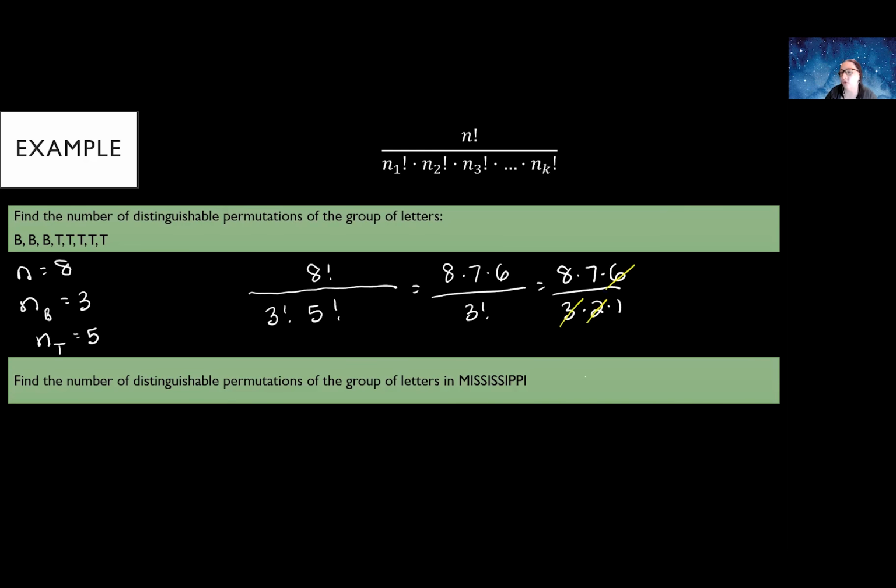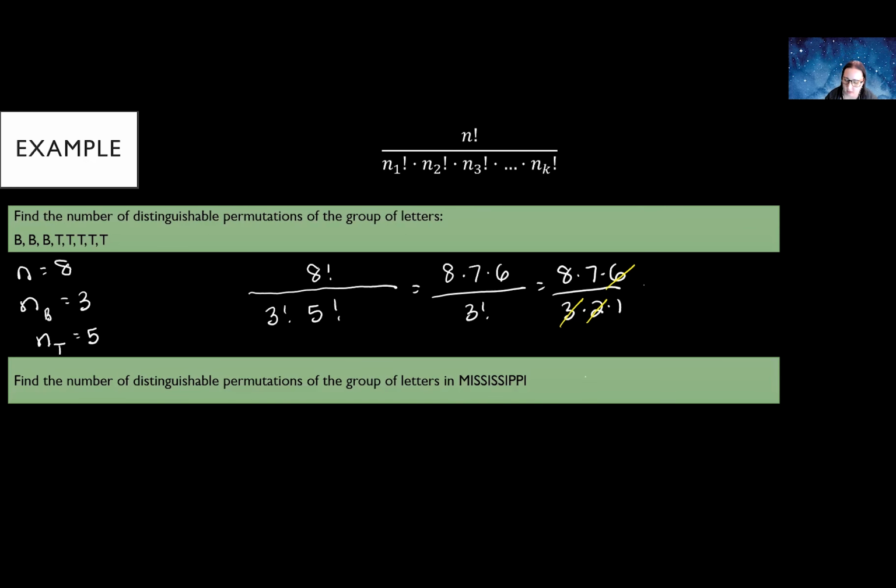You could try to reduce it before getting to the number, or you could just do all those factorials on your calculator. I wouldn't try to reduce unless you have small numbers like this, because it gets too hard once the numbers get big.